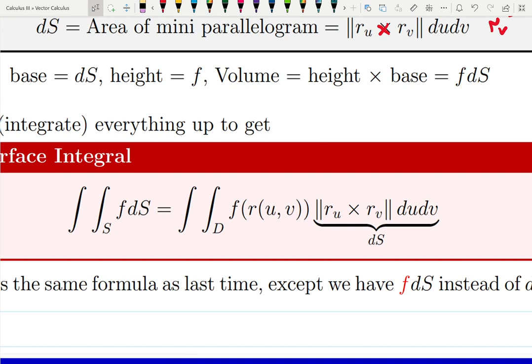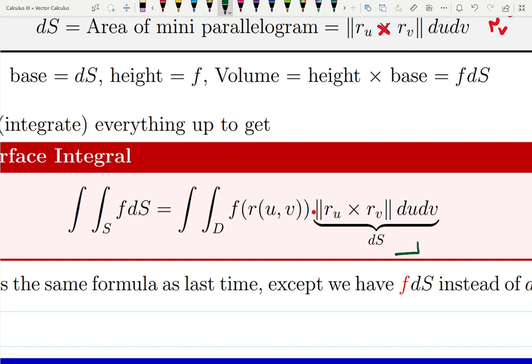If you rewrite it as a formula, in terms of the parameters u and v inside of r, you need to parameterize this function, and that's why we're teaching you to do that. It is F of r(u,v) times the size of the cross product of r_u and r_v, dU dV.